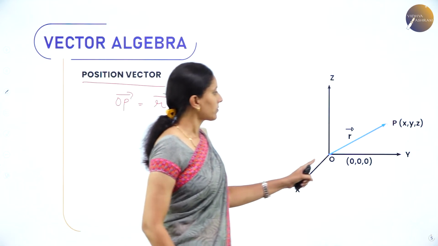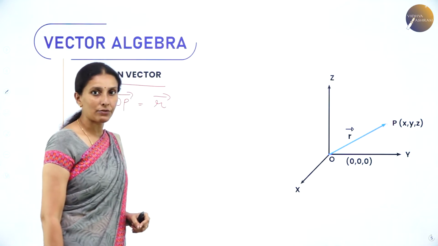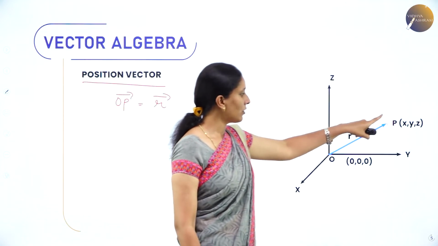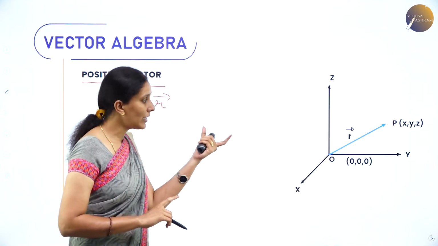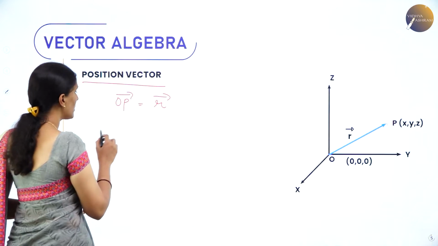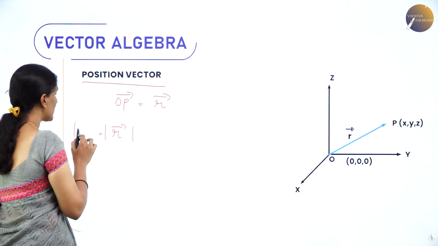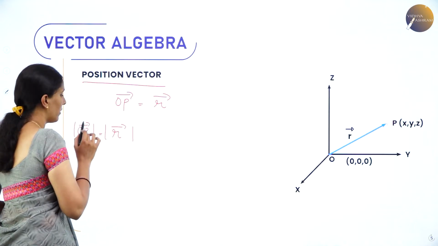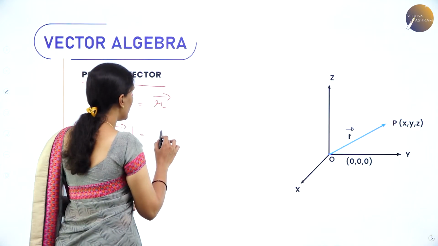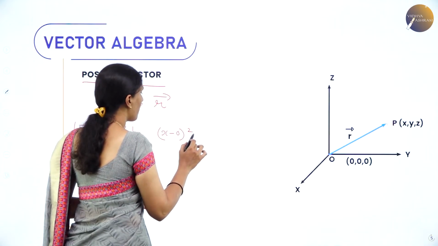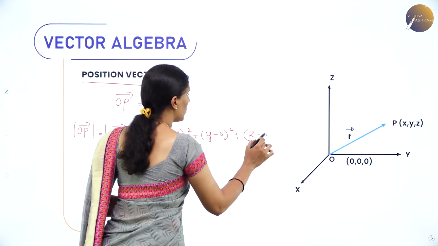Now to find the magnitude of this vector, we can apply the distance formula. Magnitude is nothing but the length of the vector. Since we have two points here, we can use the distance formula. We can write magnitude of R, or magnitude of vector OP, as the square root of x minus 0 whole square plus y minus 0 whole square plus z minus 0 whole square.